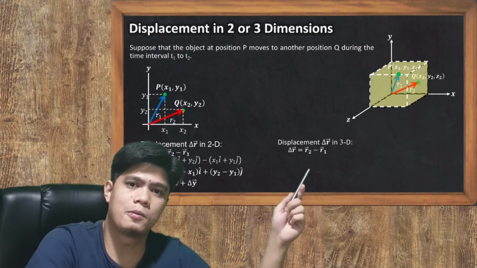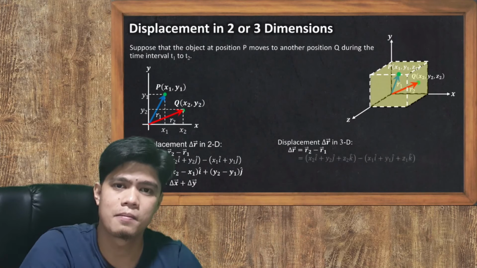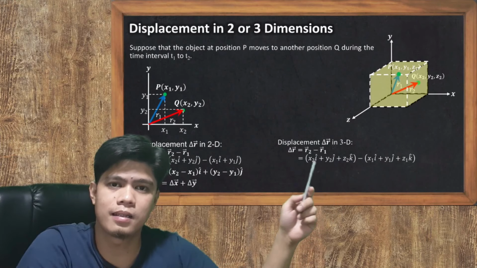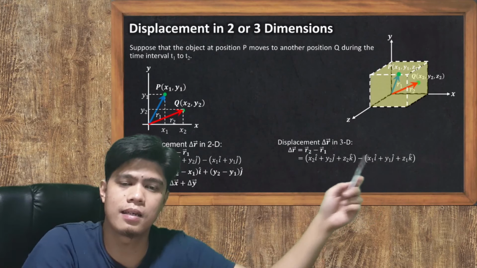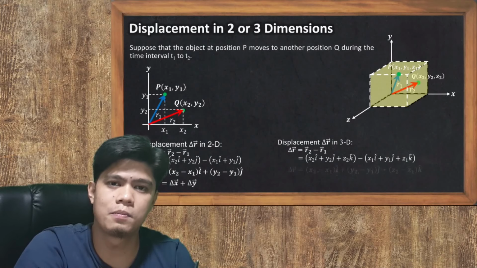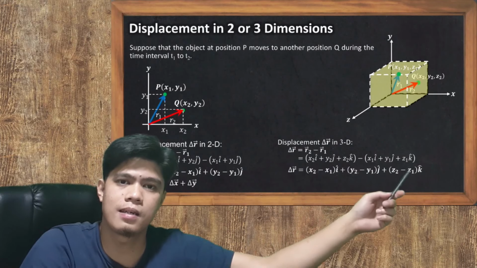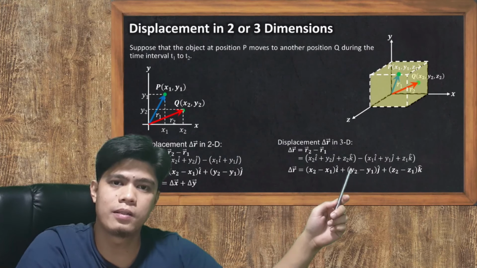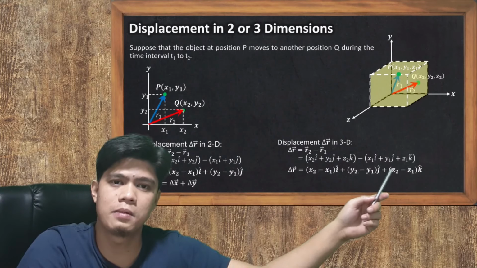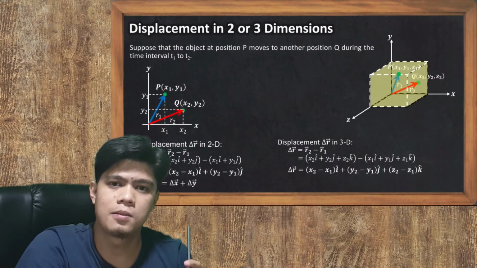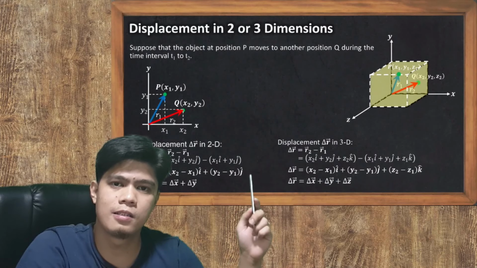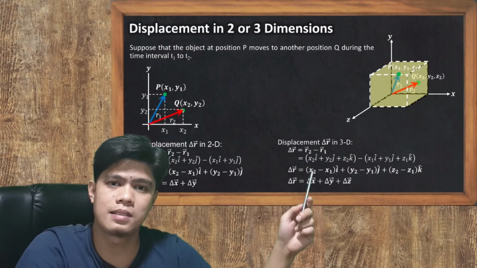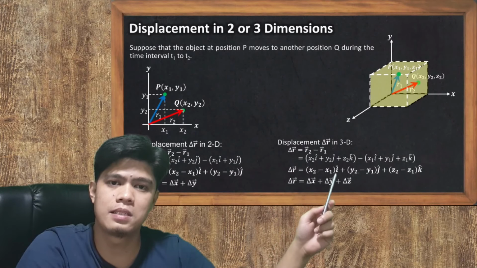We have r2 minus r1, except that our r2 now has a z component, z2 k hat, and our r1 has z1 k hat. Again, we can group the components with i, j, and k. So we have x2 minus x1 i hat, y2 minus y1 j hat, and z2 minus z1 k hat. So the displacement in 3 dimensions is the displacement along x plus the displacement along y plus the displacement along z.